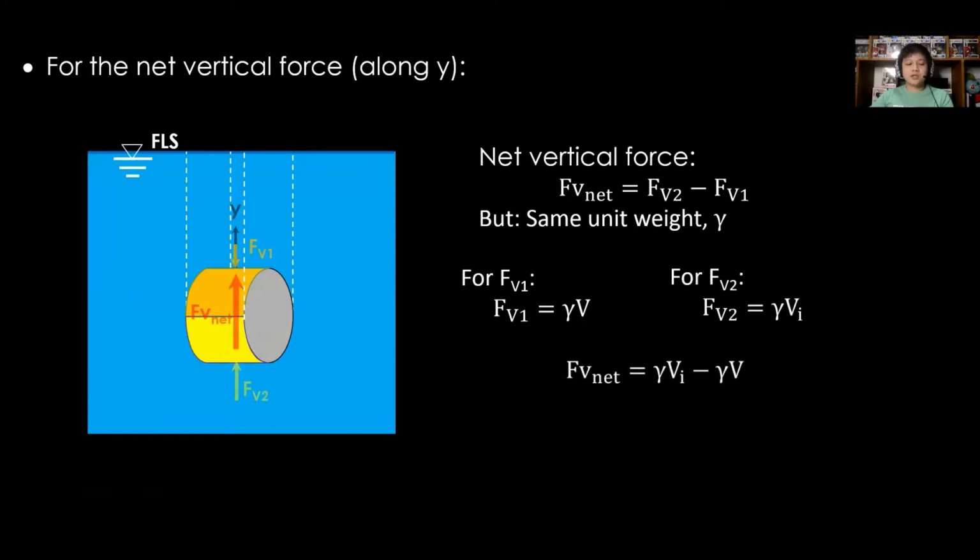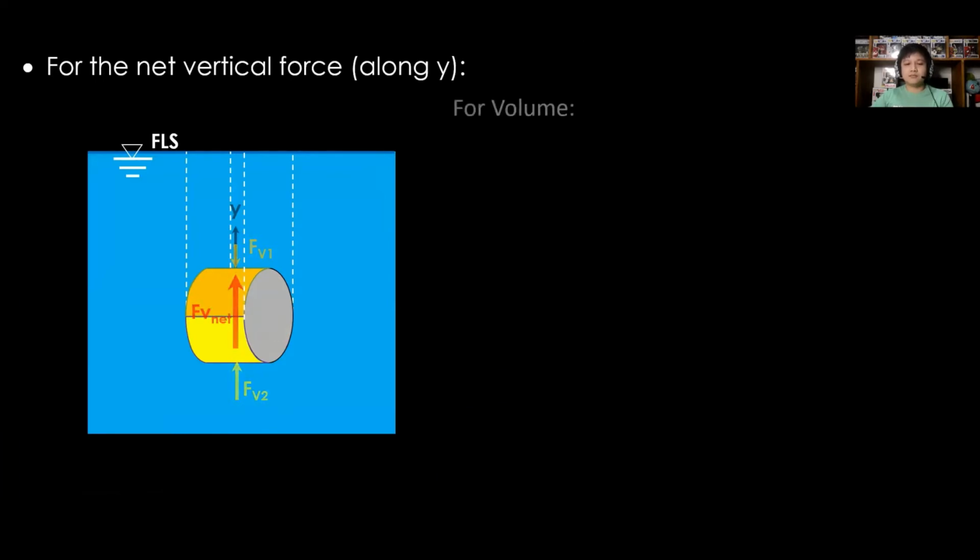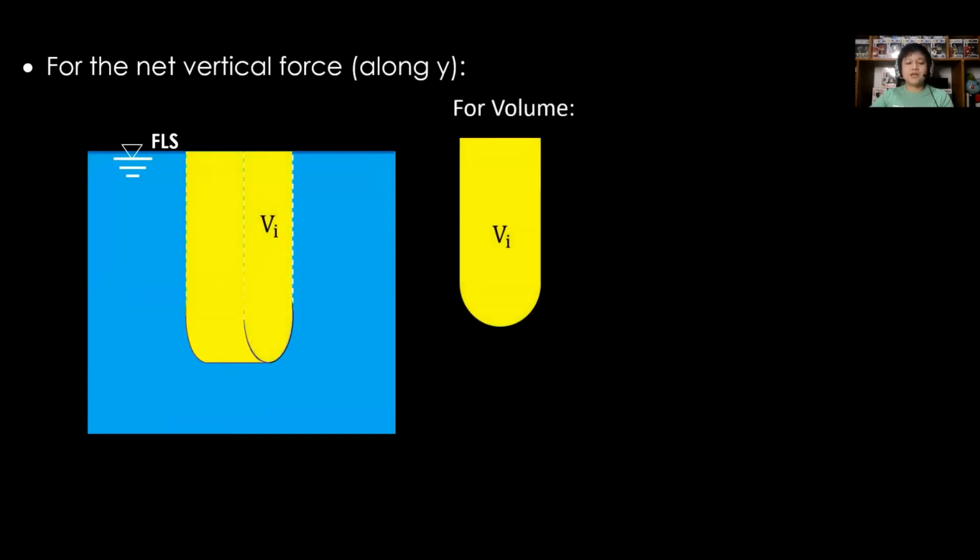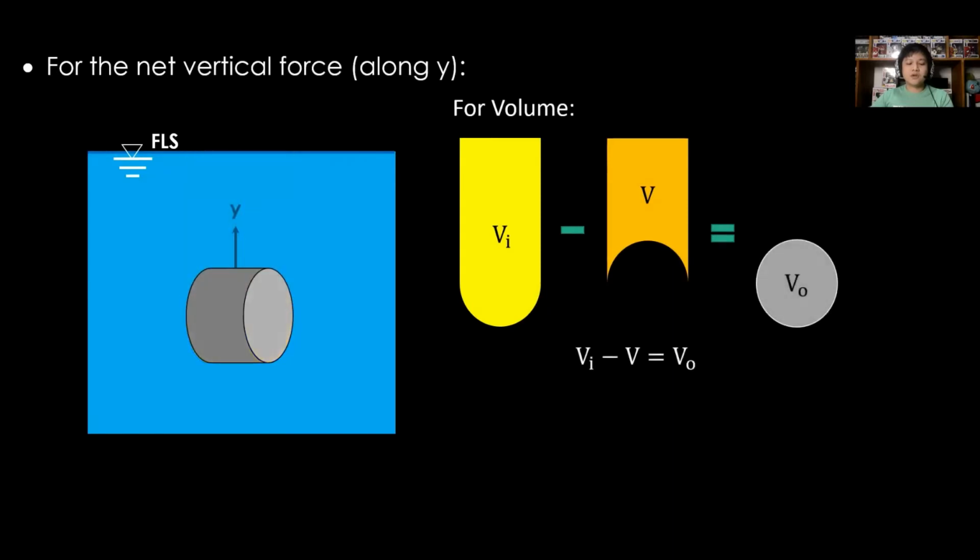Updating the equation and simplifying, for us to assess further, let us identify VI, or the imaginary volume, and V. So the imaginary volume below the cylinder, minus the volume above the cylinder, is equal to the volume of the submerged object.